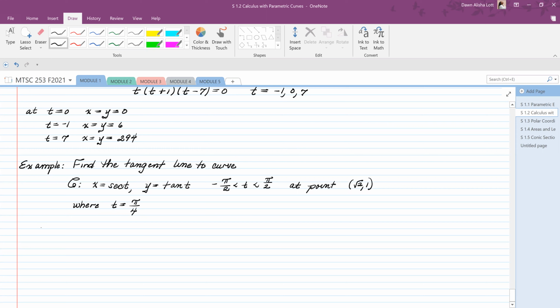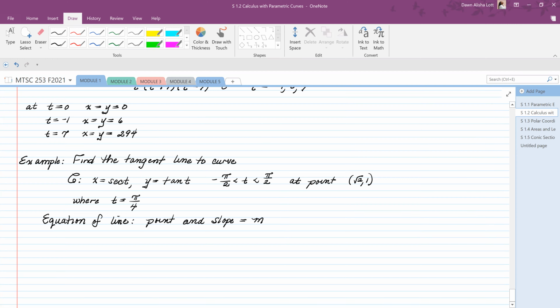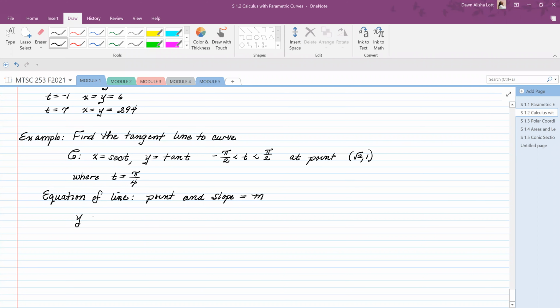So how do you find the slope? In order to find the equation of the line, what do I need? Well, I just told you the answer. We need a point and the slope. We call it m. So we get y minus y1 is equal to m times x minus x1. But m, the slope, is just the derivative of the curve.